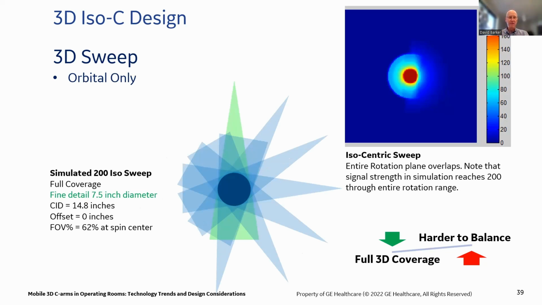Practically, the best way to do that is to make the C isocentric, but you could do something where you're constantly moving things to keep the center of the image in that center rotation plane so that I can get full coverage. Now, if you do it isocentrically, it does make the system a little harder to balance, but it does give you the full coverage. So an optimal design would really be an isocentric system to give you that.